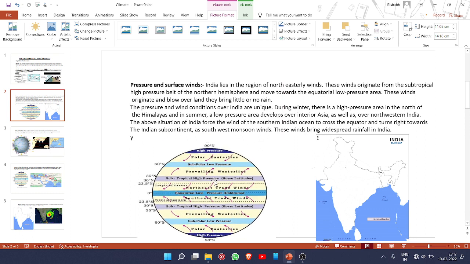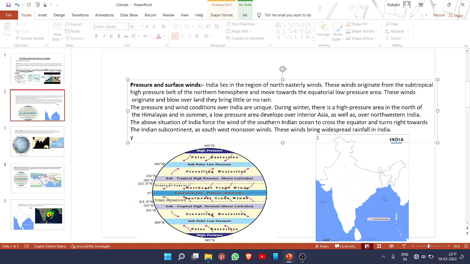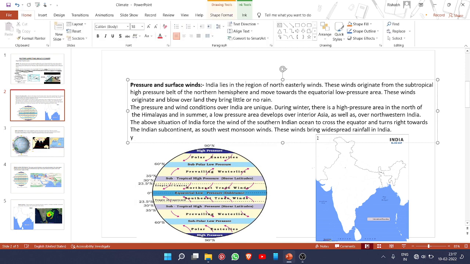So, if the location of India is known to us, then we have to see one thing. India lies in the region of northeasterly wind. Now you see, this is 32-35 degrees. This is the area of the subtropical high pressure belt. And what is the extension of India?